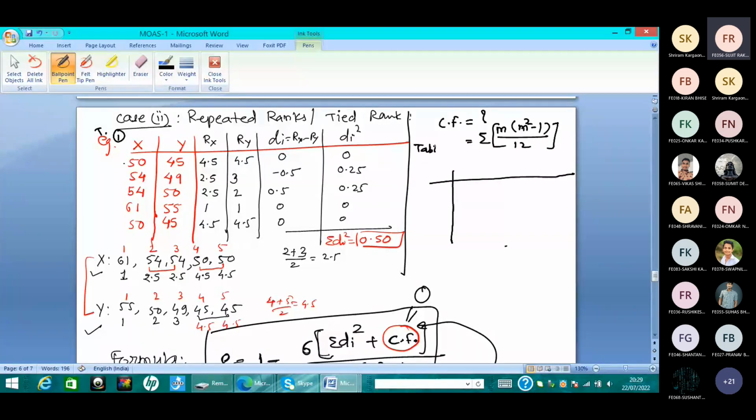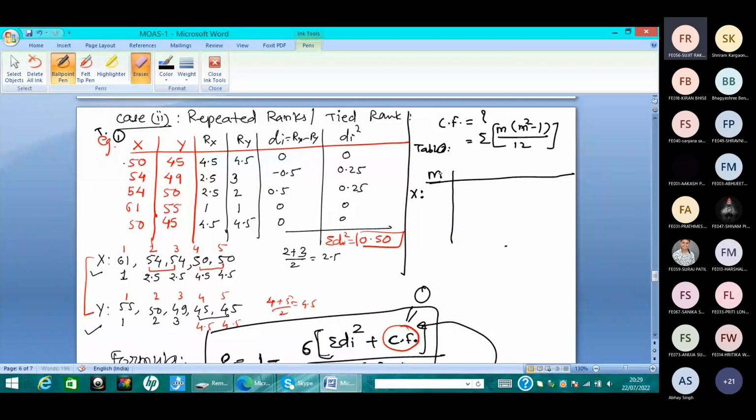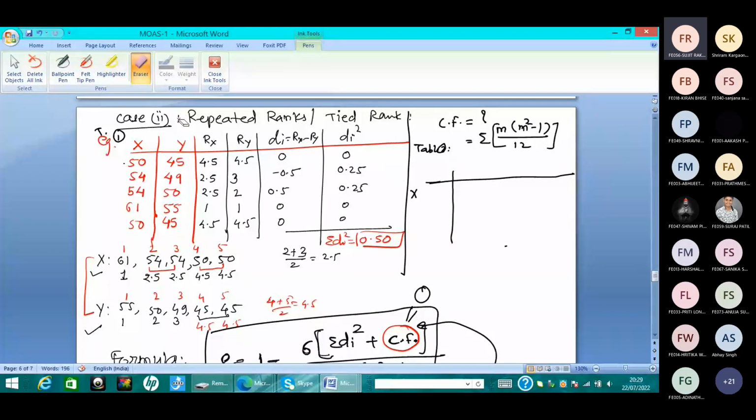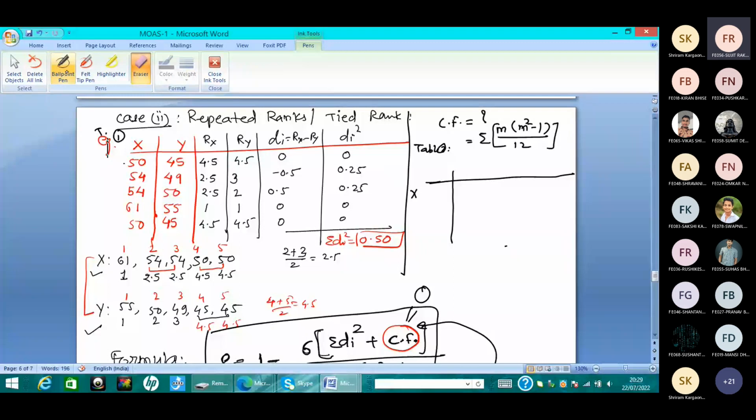Now I have to write m. What is repeating in x? Two values are repeating, first 50 and then 54, right?